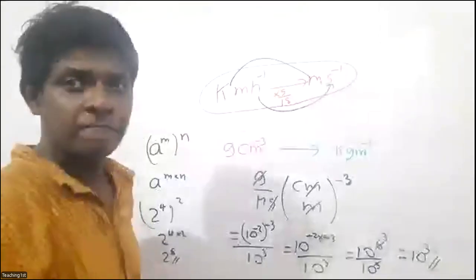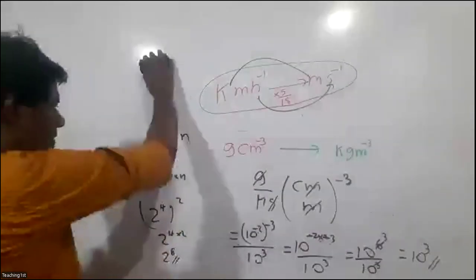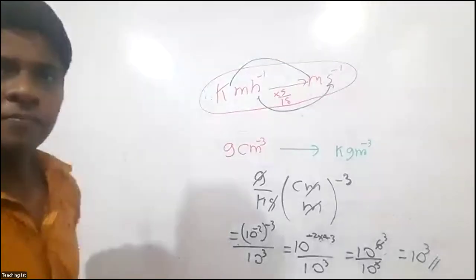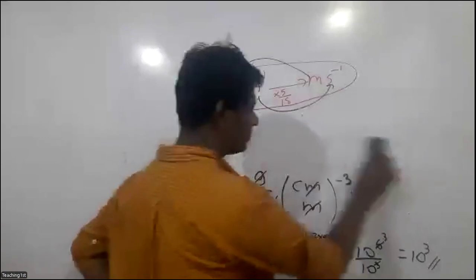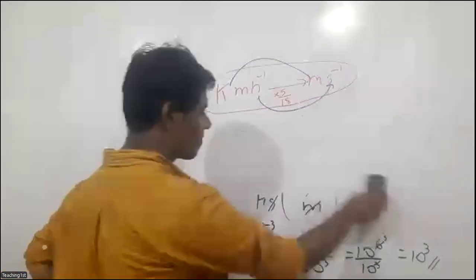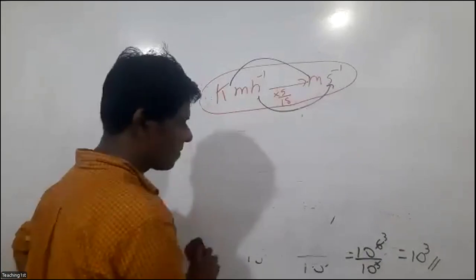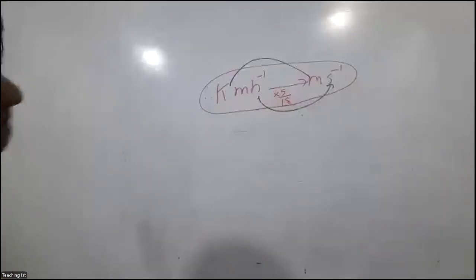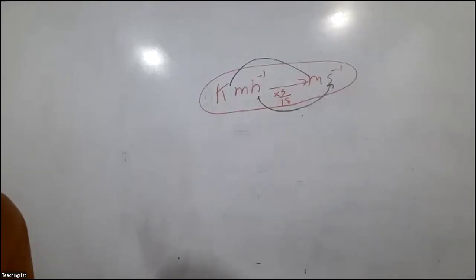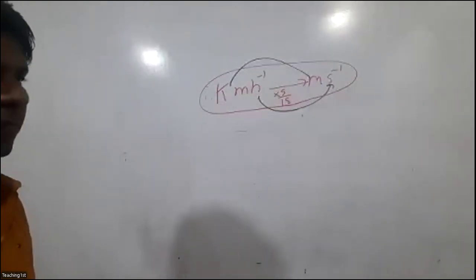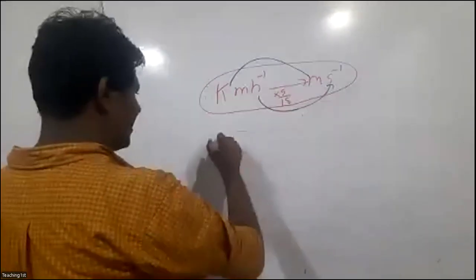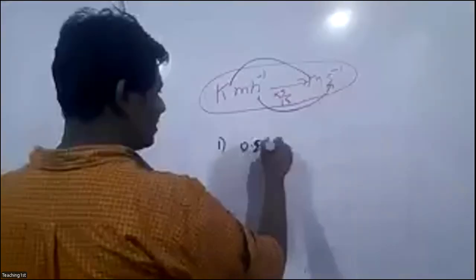Okay. Shall I? Now let's convert these things. 0.8 g/cm³.